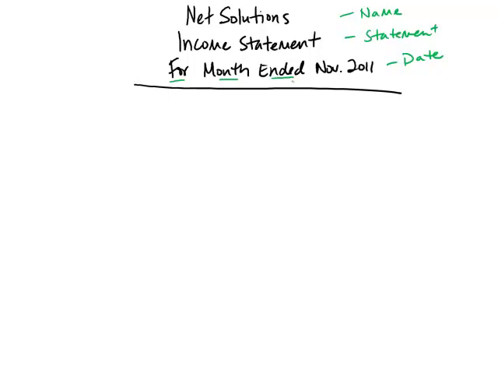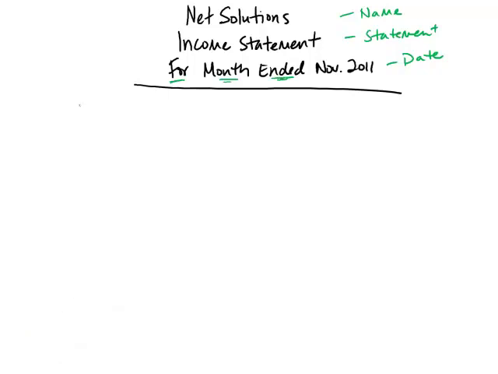We're going to show what happened from November 1st to November 30th only. When we get to the balance sheet, you'll see that these words are not there. We only have the date, November, because the balance sheet shows as of November 30th. That's what we own. That's how much cash we have, how much land we have, how many debts we owe. And those could have been gained by the business years ago. So it's not just for the month. So keep that in mind.